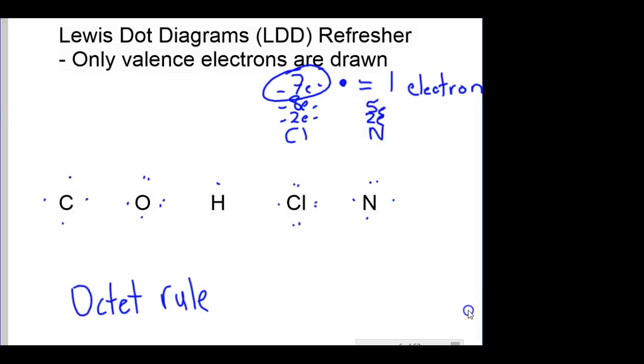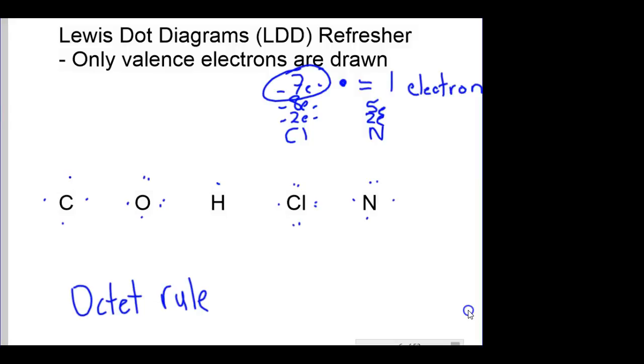There is a shortcut to determining the number of valence electrons that an atom has. On my table, I have something called a group A number.